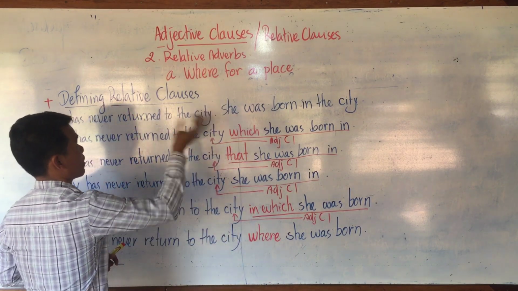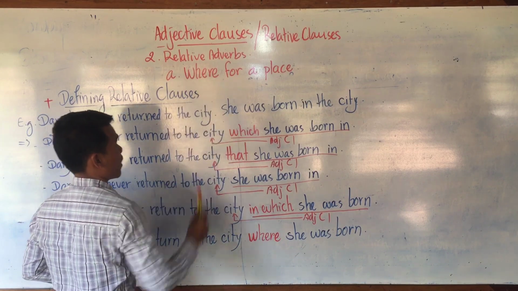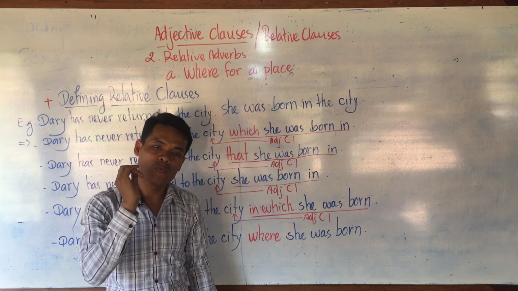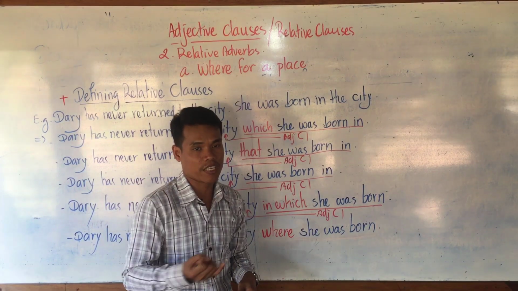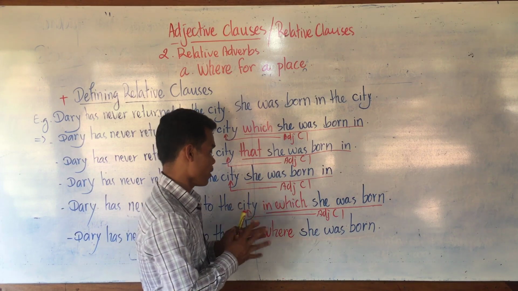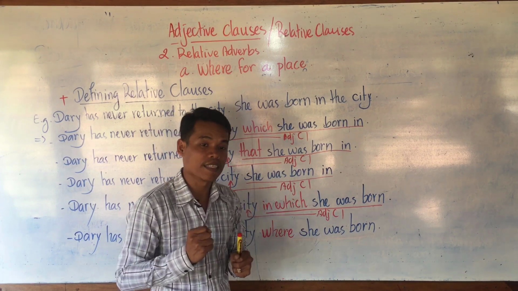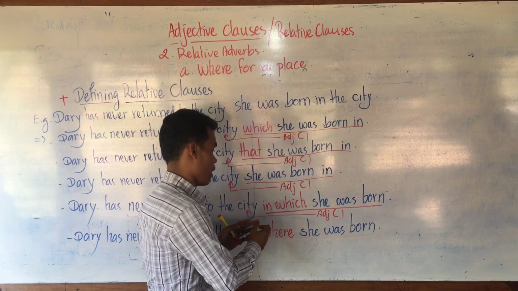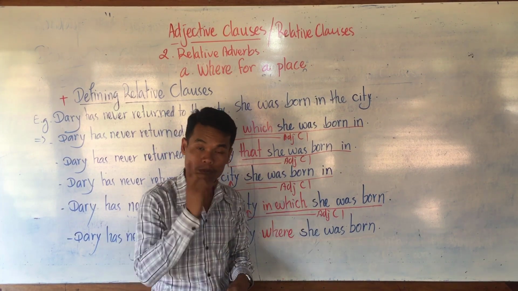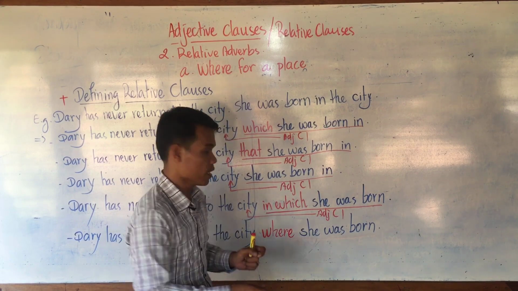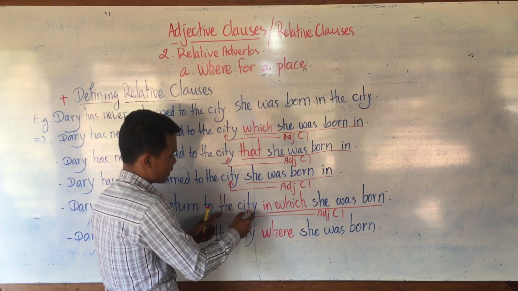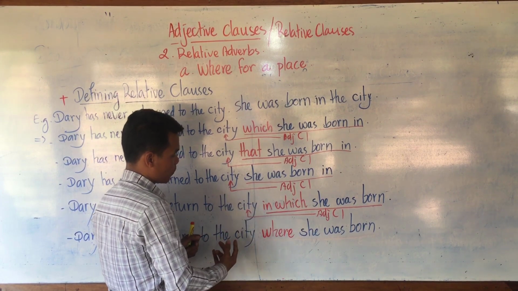But based on our title, where for a place, and we know that where has no function as an object or subject. That's why in order to write where in an adjective clause, we have to think of the relative pronoun as the object of preposition. So remember this one. You can see the example, the city. City is the noun and it refers to a place.